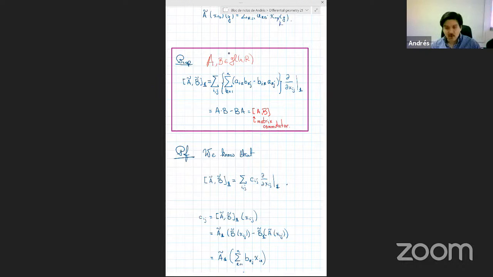In fact, more is true. Remember, the Lie algebra is all n by n matrices, so if you compute this, you will get an n by n matrix. But now, if you look at the traceless matrices and do this operation, you will also obtain a traceless matrix. The trace will be 0.